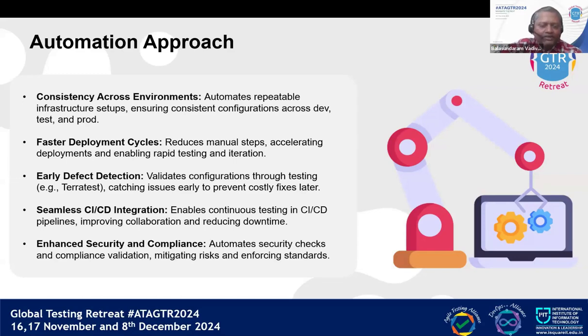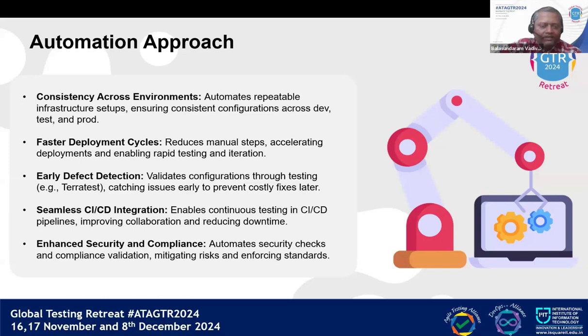For example, once we automate the setup process and deploy across different environments like production, staging, and development, the standards of deployment will be there, and there will be fewer defects. That is another advantage.